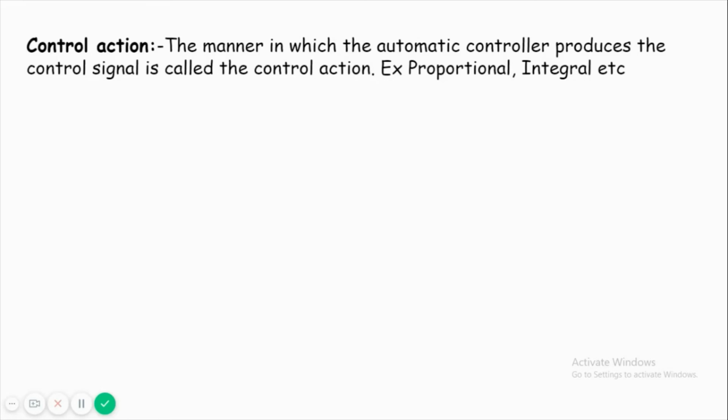Or if the controller is producing a control signal which is the integral of the error, then we call it an integral controller. There are various types of control actions which we will study afterwards. So these are some simple examples. There are many different kinds of control actions. Some of them can be linear, some of them can be non-linear.